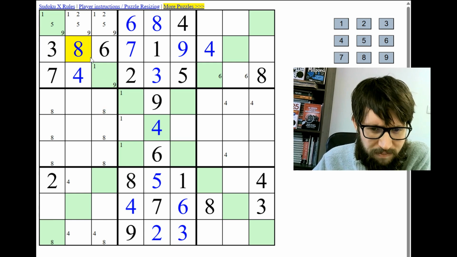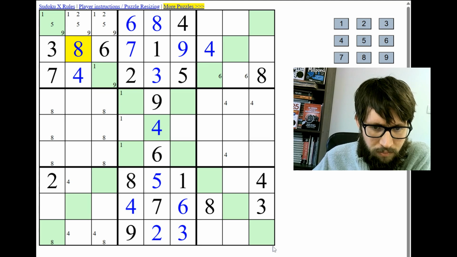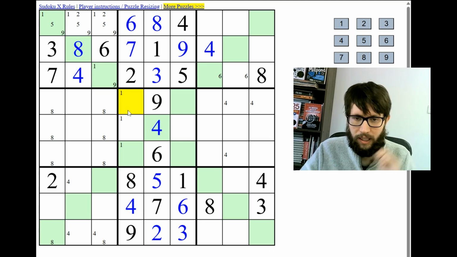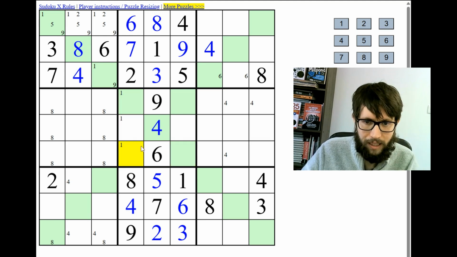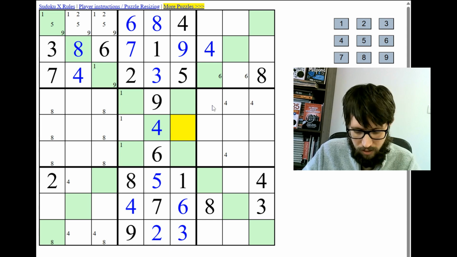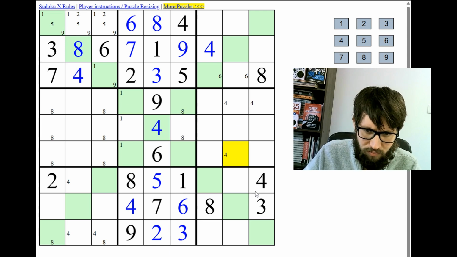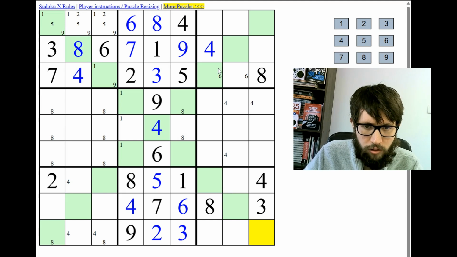But let's look at this 8. I know there's no other 8 in this diagonal, which means there can't be an 8 here or here. And I already know there can't be one here, so we're down to these 2 possibles for the 8. I also know an 8 has to be in one of these.